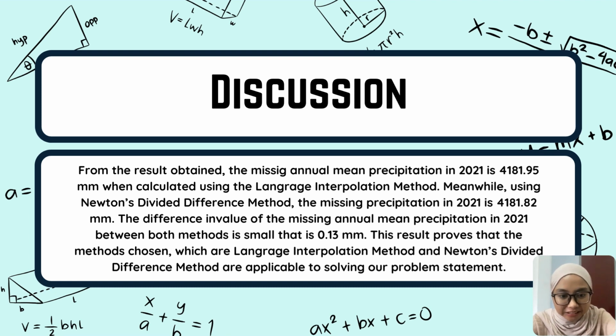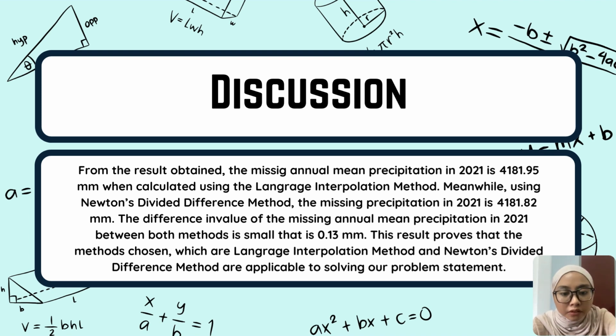For the discussion, from the results obtained, the missing annual mean precipitation in 2021 is 4181.95 mm when calculated using the Lagrange interpolation method. Meanwhile, using Newton's divided difference method, the missing precipitation in 2021 is 4181.82 mm.